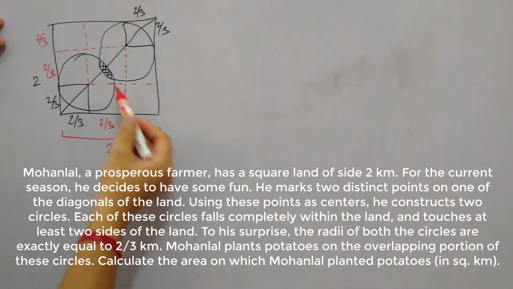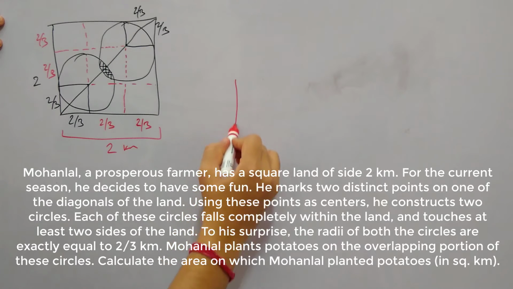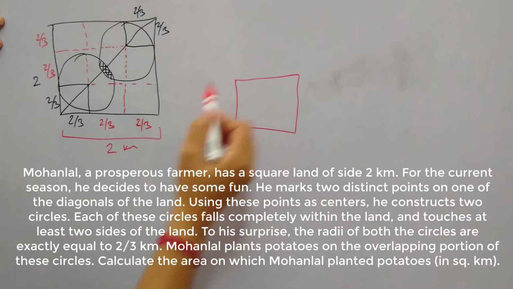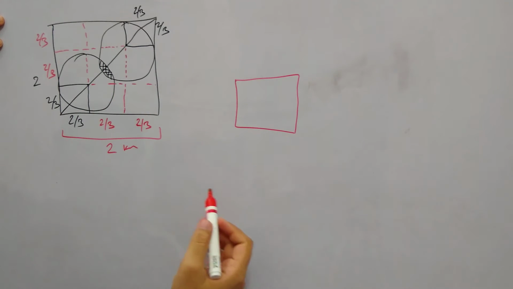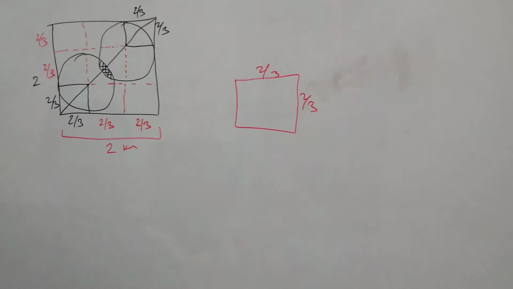Because we have drawn this figure by hand, it is a bit incorrect, not up to the mark, but if it had been drawn perfectly, the square in the center, let's say this is the square in the center with sides 2 by 3.